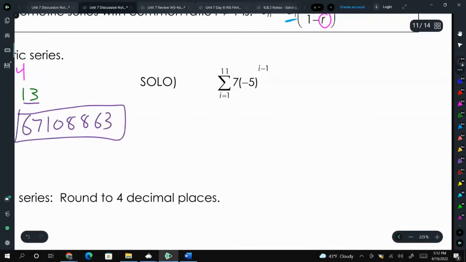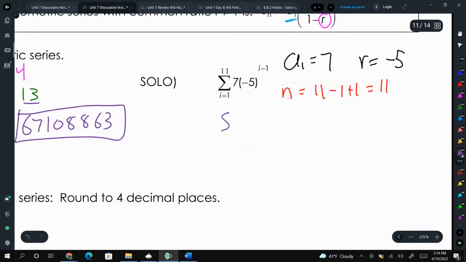All right, so then with this one, our a sub 1 is 7. The r value is -5, and that's okay. n is going to be 11 minus 1 plus 1, which is 11.